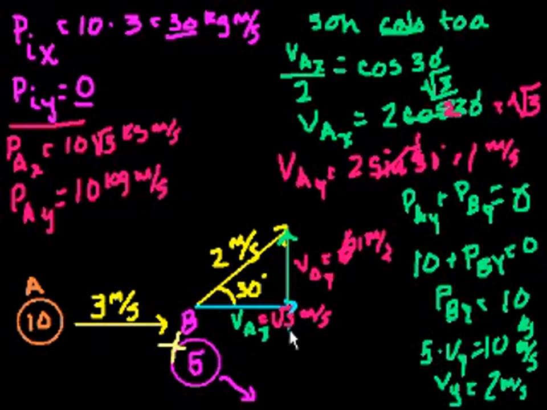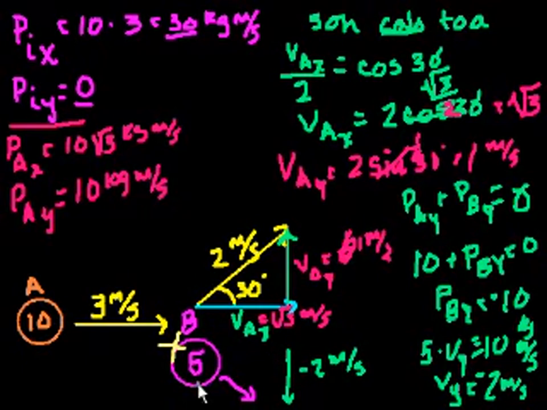And this is a minus, because it was equal to minus 10, because it's going down. A's velocity was positive 1 going up, and then the minus carries through, so this is a velocity of minus 2 meters per second for B in the y direction.